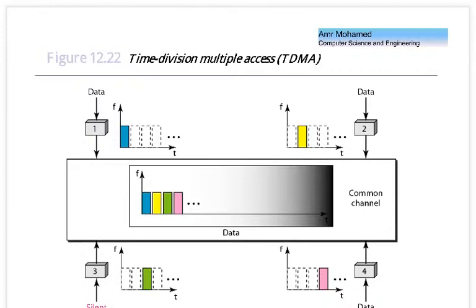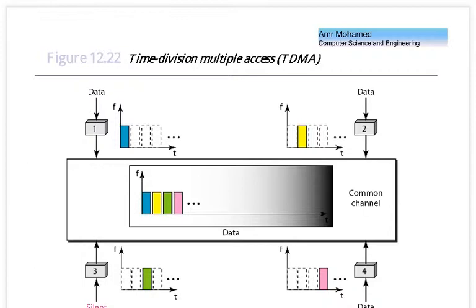But the time slot should be equal for all nodes. So to account for this, we also use a time gap between these time slots to account for the variable delay that each node encounters within the network. Okay? Which is the same idea, except that here we use the time domain instead of the frequency domain.